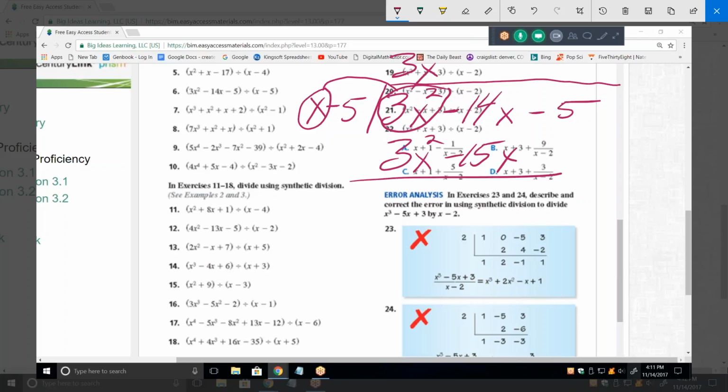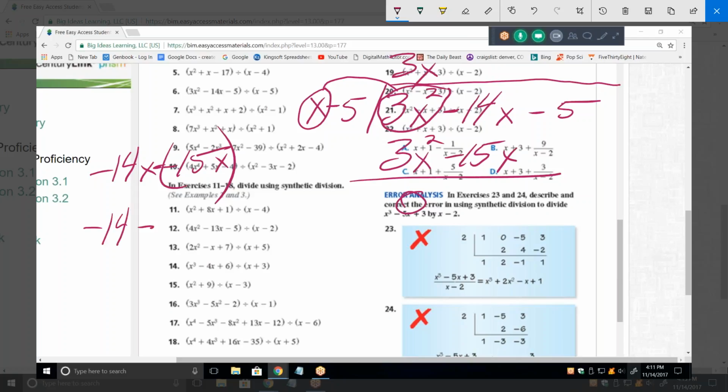And now, like all long division, you subtract. What do you get when you subtract? What's minus 14x minus a minus 15x? It's positive 1x. Go through it again.